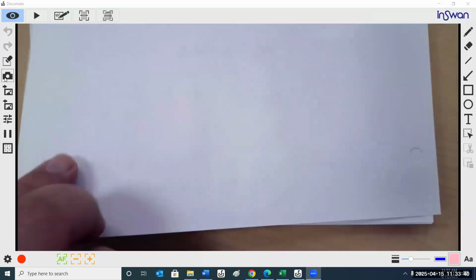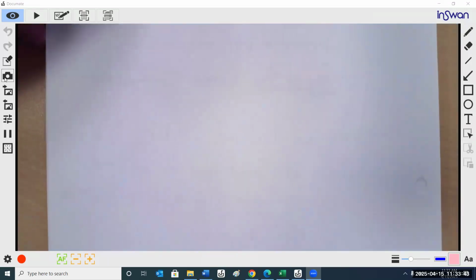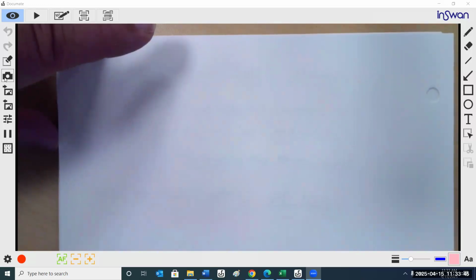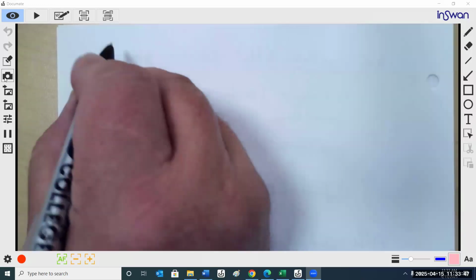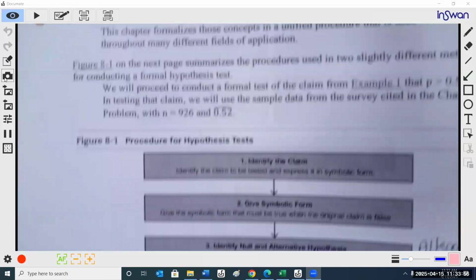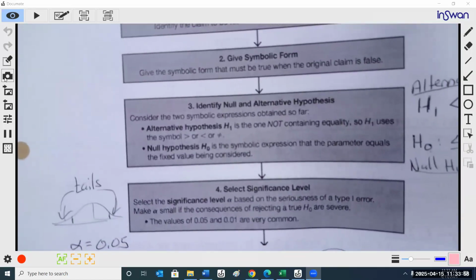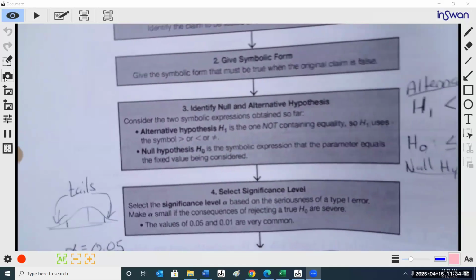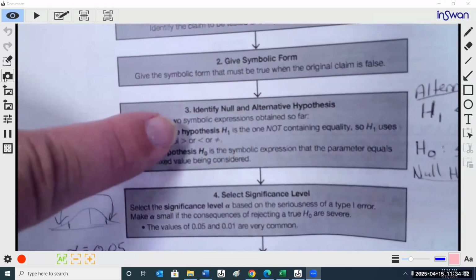All right, so now let's look at significance levels. Remember, we looked at our chart. When we looked at our chart here, step 4 said do what? Because we identified the alternate hypothesis and null hypothesis.